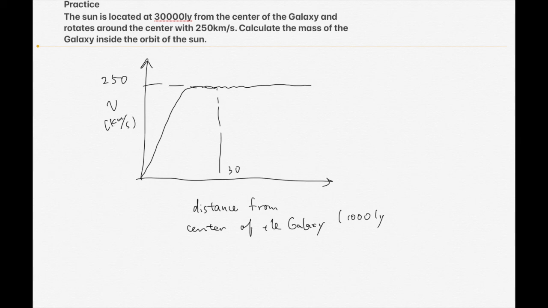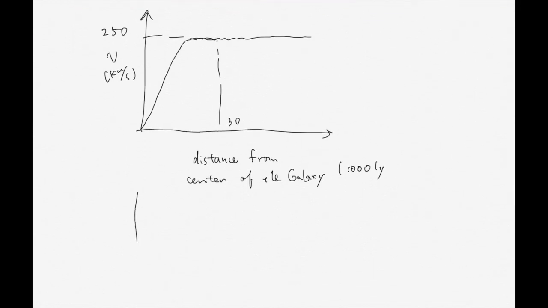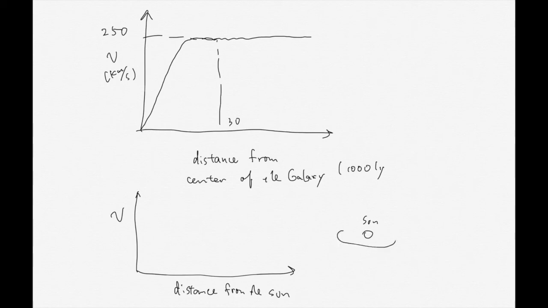Orbital speed of stars in the galaxy is very different from the orbital speed of planets in the solar system. If you draw the orbital speed of the planet, v versus r, the distance from the Sun, the Sun is here and the planet is rotating.